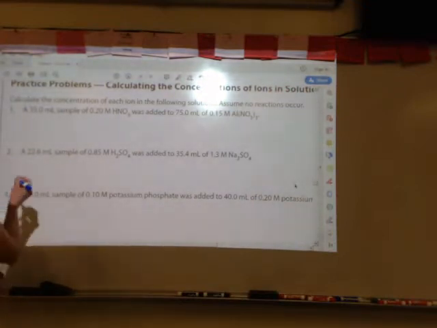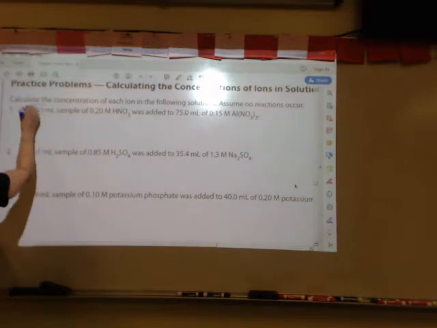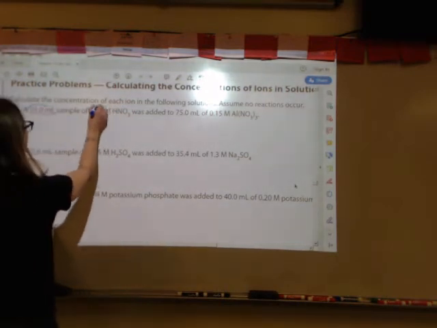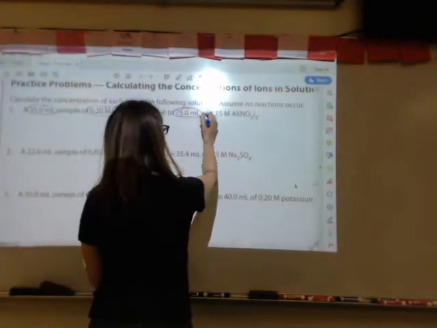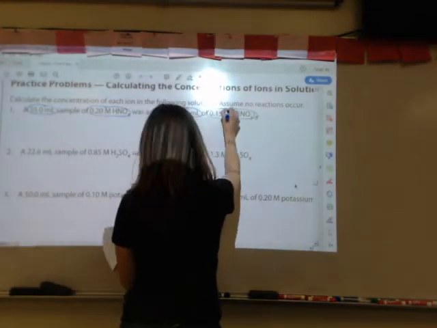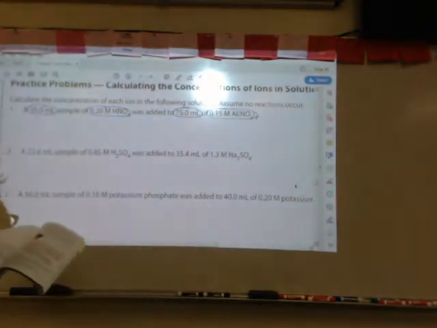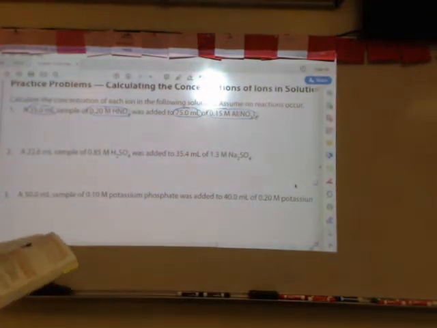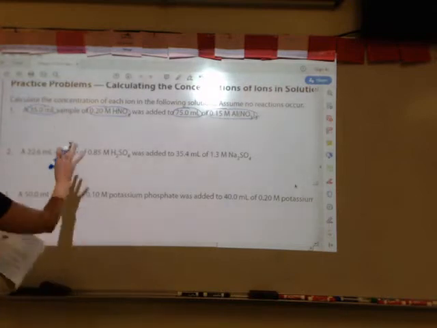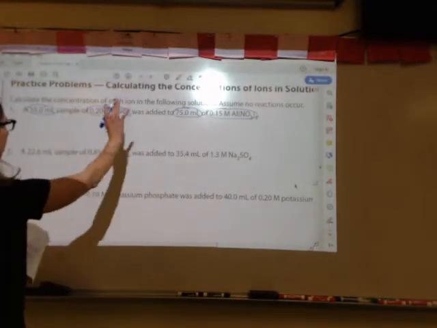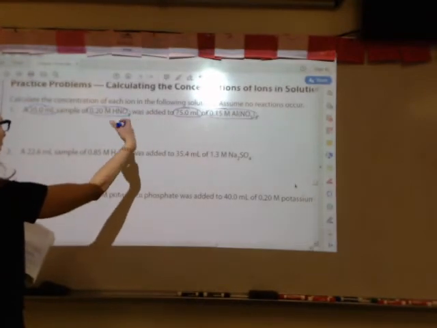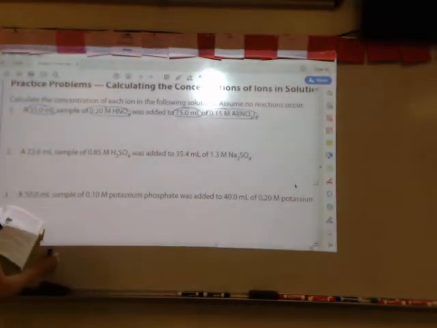So if you have a 35 milliliter sample of 0.2 molar HNO3, and you add that to 75 milliliters of 0.15 molar aluminum nitrate, we need to figure out what the concentration is of each ion after the dilution. So that means you're going to do the nitric acid and then the aluminum nitrate separately, and then you would combine similar ions after you get their concentration.